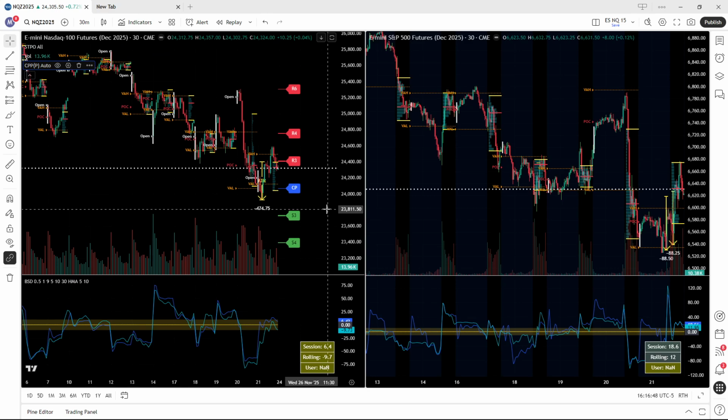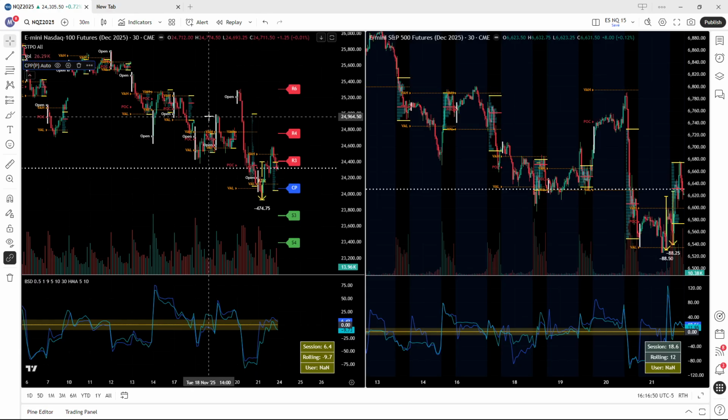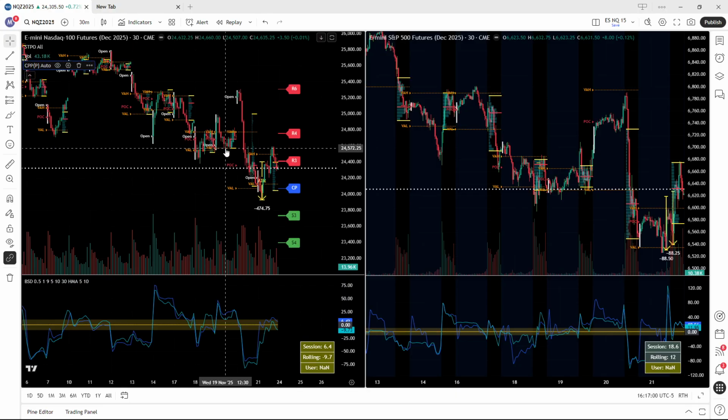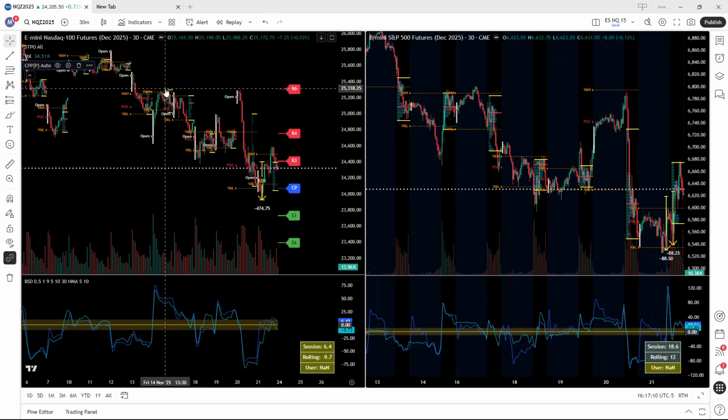One of the things you need to look at is where we end on any given profile. So this profile showed that we tested up to lower, held, and pushed back up. So it gave a slight bullish intent, but then we open up and we don't accept anything higher than that.